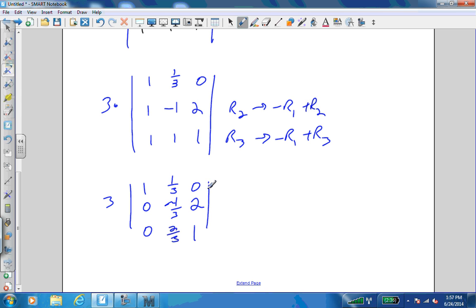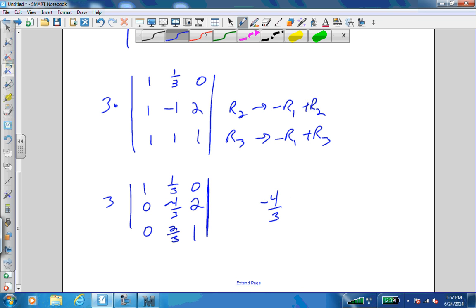So now we need a 0 here. So we need this to be a 2/3. So if we've got 4/3 and we need it to become a 2/3, then we need, what, half of that?